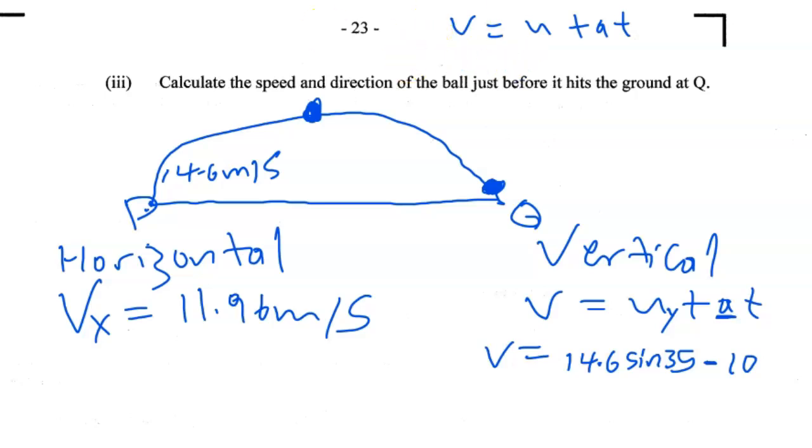Well, no, that's incorrect. If you're talking about when it reaches the maximum height from P, at the maximum height V is 0. So we use V to be 0 here. And of course U vertically would be 14.6 sine 35, remember the angle is 35 degrees.